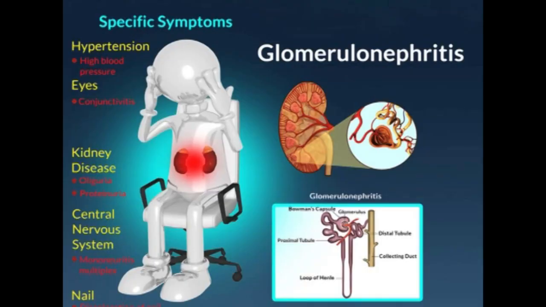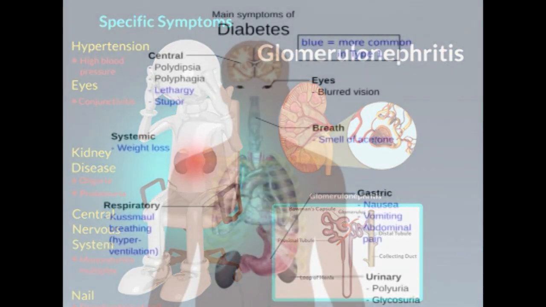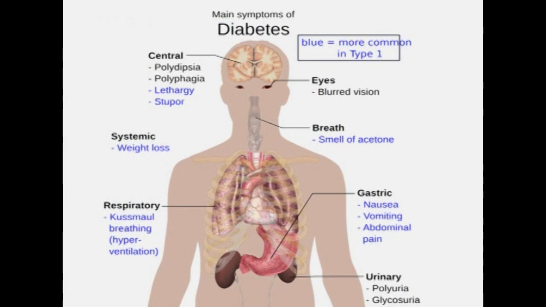Then if we look into the treatment of glomerulonephritis, first thing, it depends upon whether the disease is acute or chronic. Then we also need to know what is the underlying cause for the disease. For example, if it's a diabetic, the diabetes has to be controlled and the line of treatment will be different. Then the type and severity of the signs and symptoms.